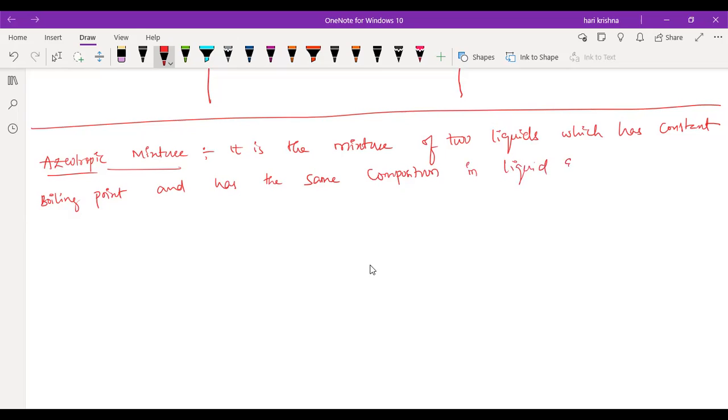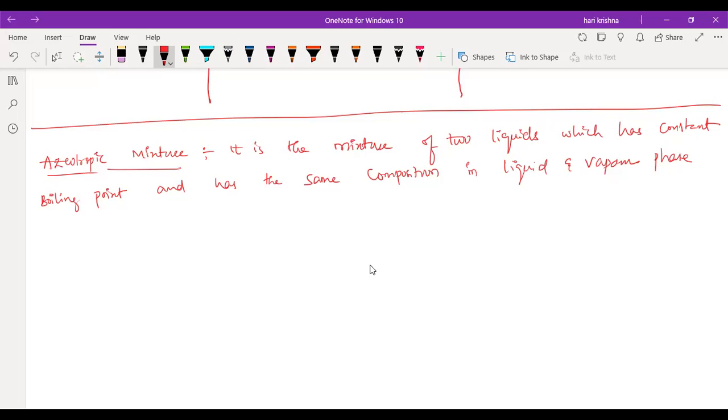But what is the definition of the azeotropic mixture? It is a mixture of two liquids which has a constant boiling point and has the same composition in the liquid and in the vapor phase. Azeotropic mixture is a mixture of two liquids which will have a constant boiling point and also the same composition in the liquid phase and in the vapor phase.